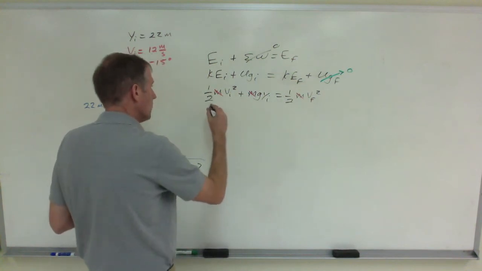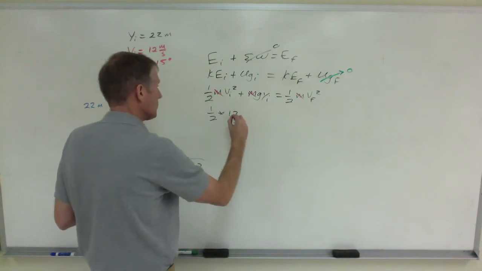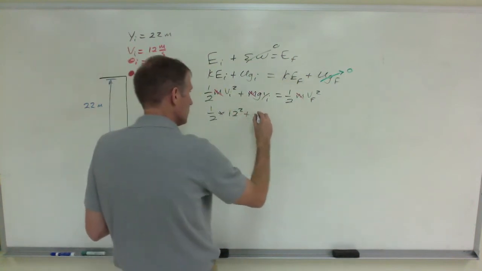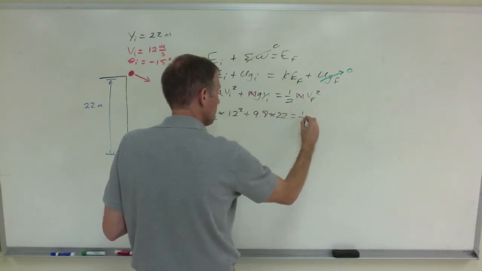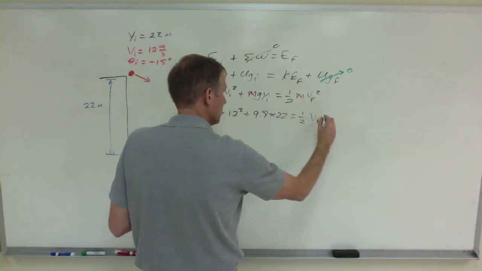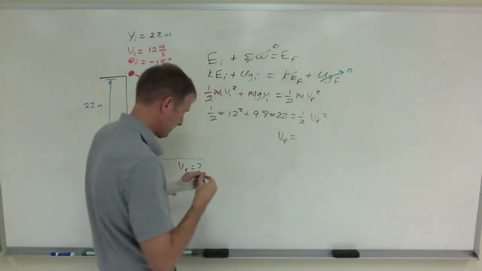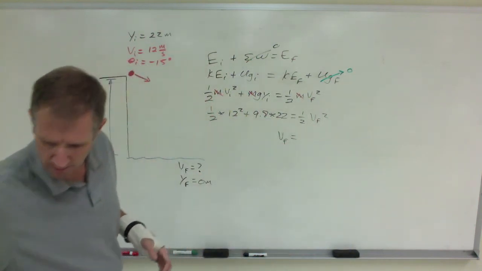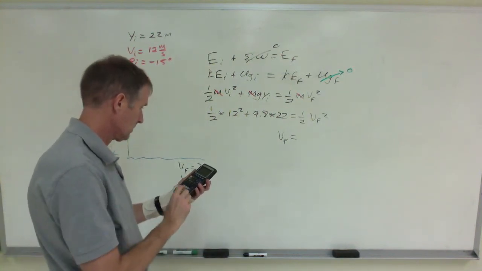So one half times 12 squared plus 9.8 times 22 equals one half v_f squared. We'll solve for v_f. Do a little calculation.